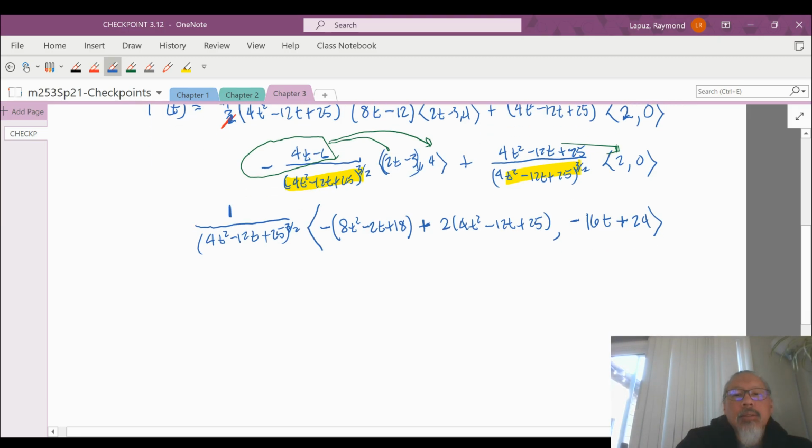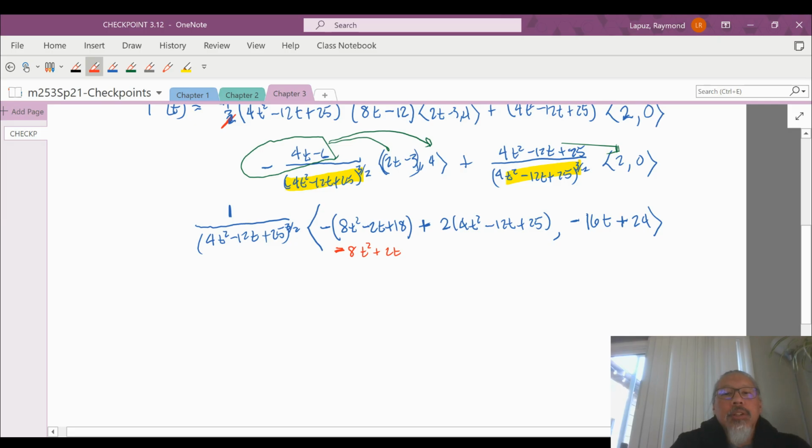And then we will simplify this. Let's take a look and see if there are some like terms. If we multiply this, we'll distribute the negative. It's going to be negative 8t squared plus 2t.